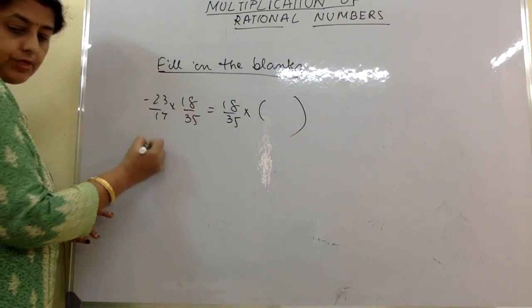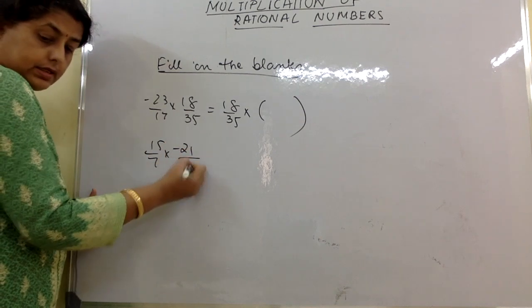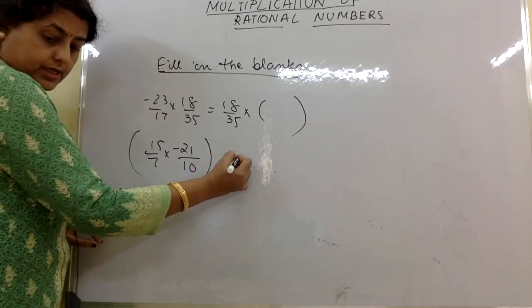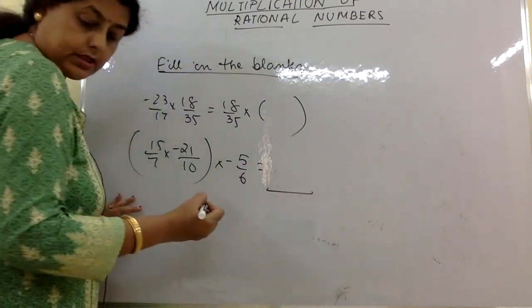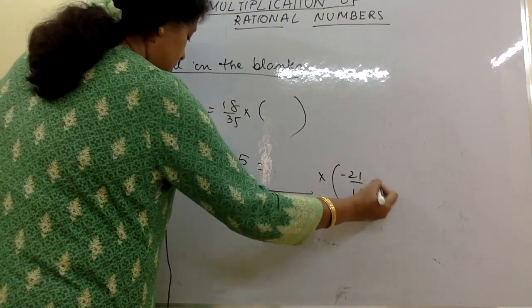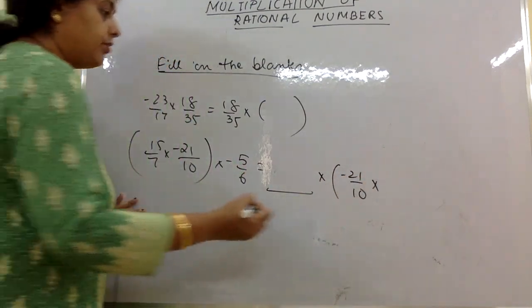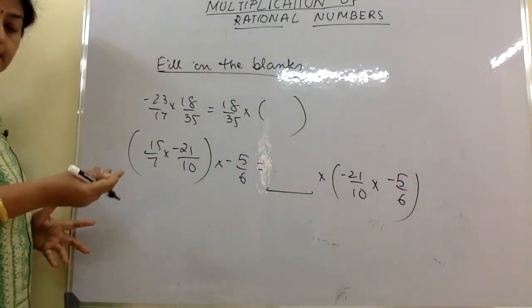Let me write one more. 15 by 7 into minus 21 by 10 into minus 5 by 6 is equal to, okay, and into minus 21 by 10 into minus 5 by 6. Okay, so this is my sum.